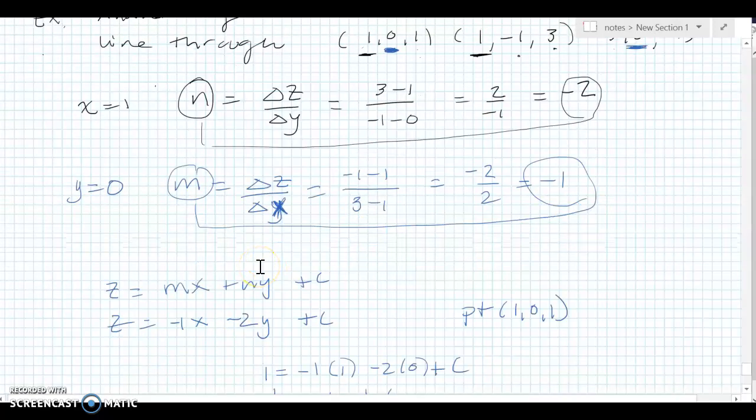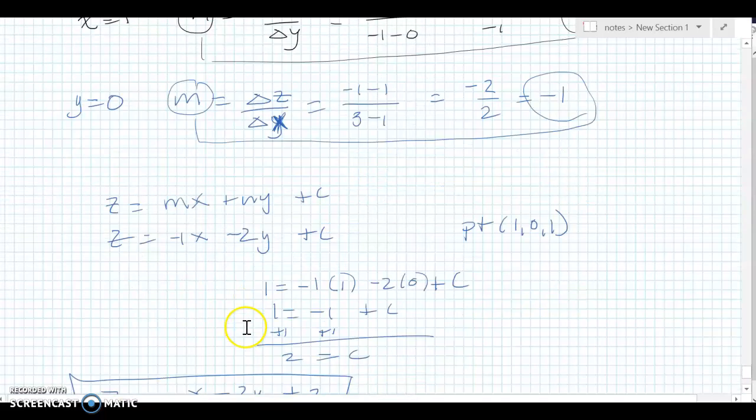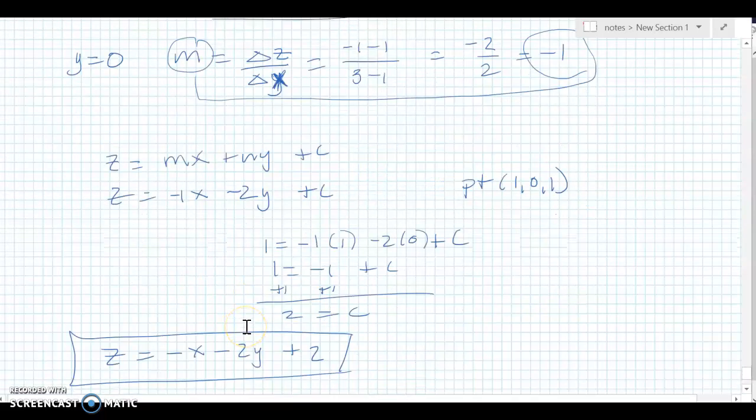You plug into the equation. Add your point, and you can solve for c. And so the equation would be minus x minus 2y plus 2 equals c.